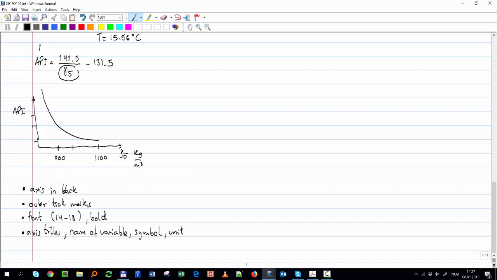Also, use a good number of significant digits. If I tell you I have a density of 600 or 800, it doesn't matter much if it's 600.01325. It doesn't matter. 600, 800. So don't use all of those numbers if they don't mean anything. If you're telling me a number that is 0.01 and another number that is 0.02, here it matters.